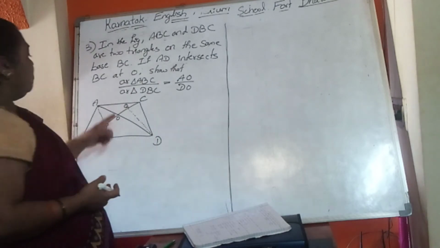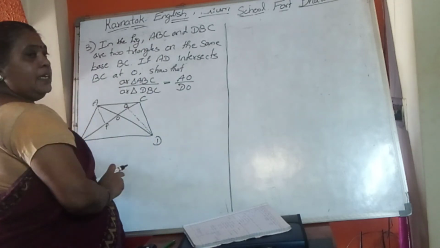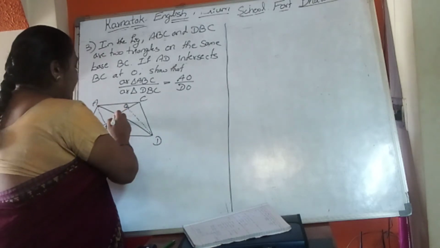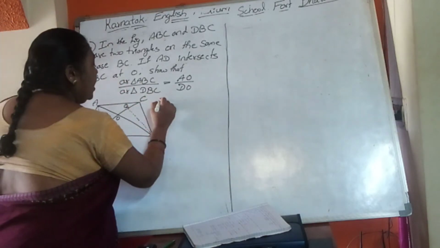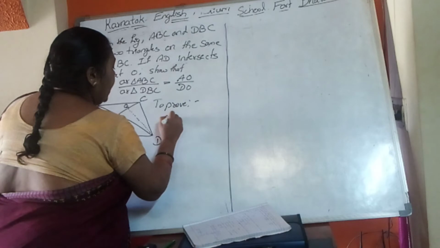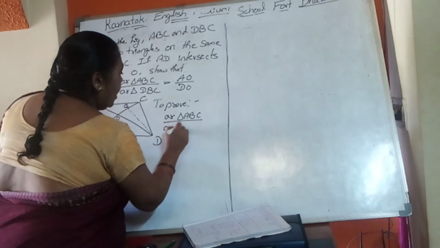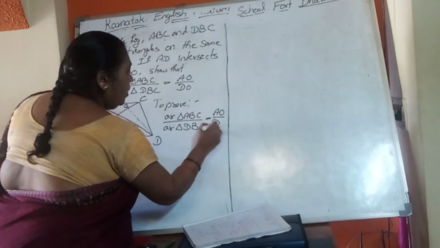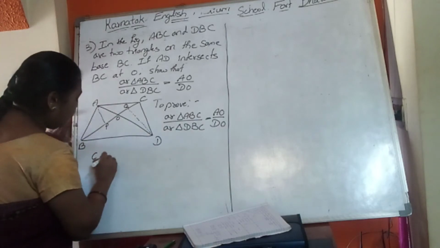Given: triangles ABC and DBC are standing on the same base, and AD intersects BC at O. To prove: area of triangle ABC divided by area of triangle DBC equals AO upon DO. Some construction is needed. What is that construction?